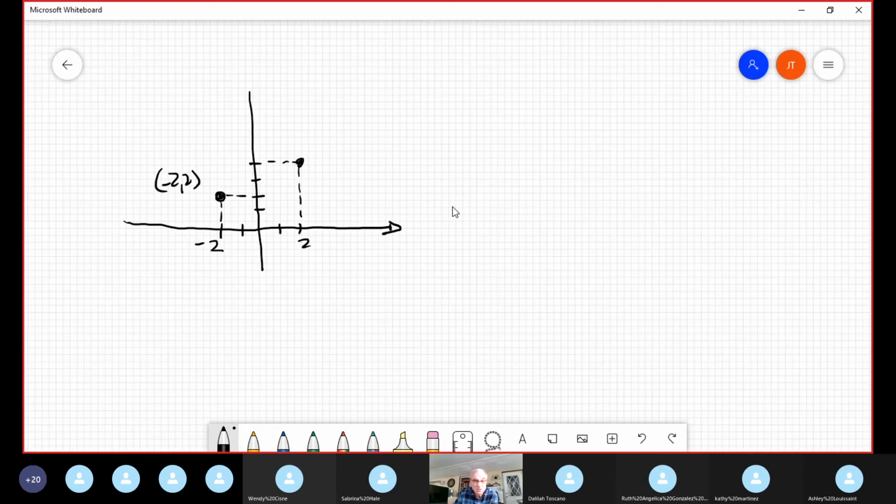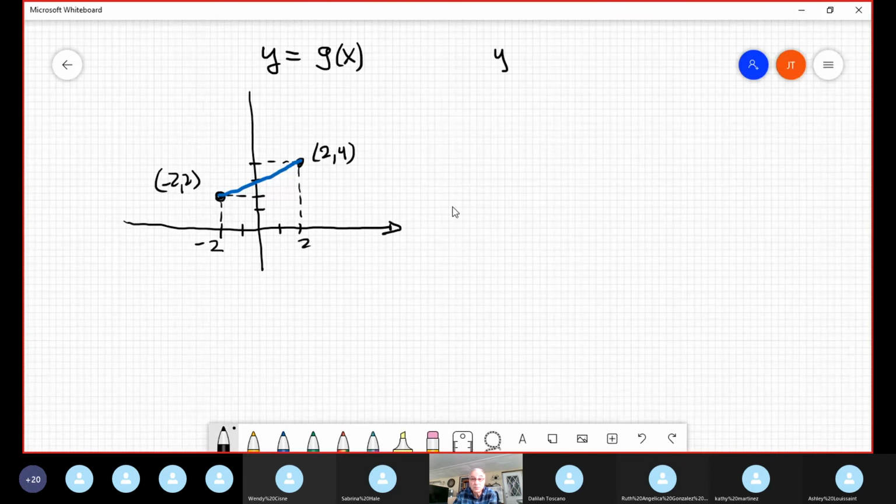So our function is like a one-segment line, and they call that function y of x. They want you to do the transformation y equals g of x, so multiplication by 2.